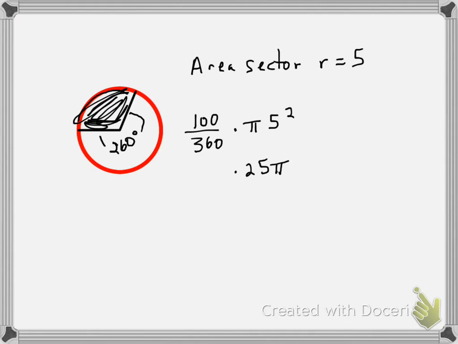This is when you want to go to your calculator now. 100 divided by 360 is 0.27 repeating. Take that times 25 and then multiply by pi.